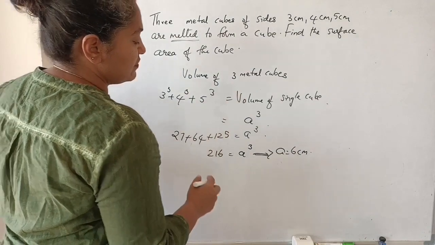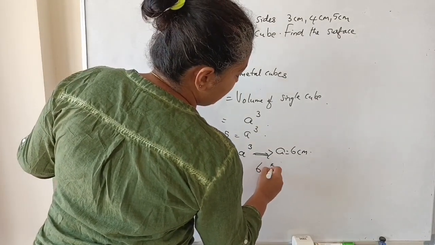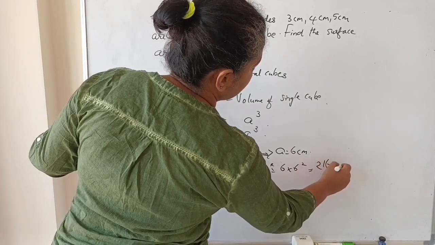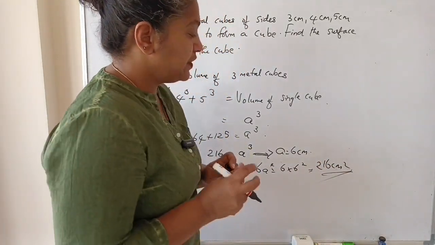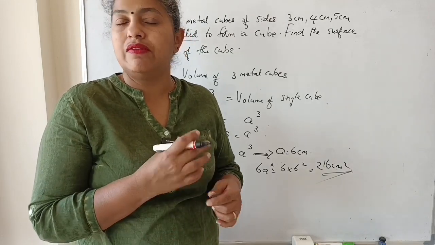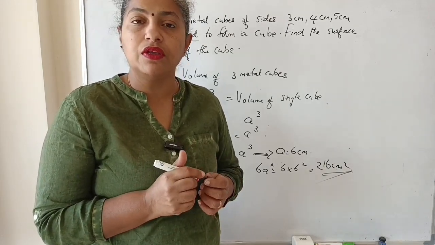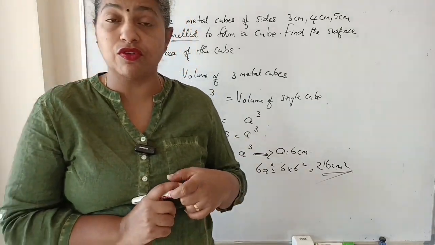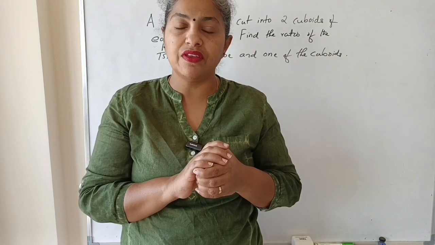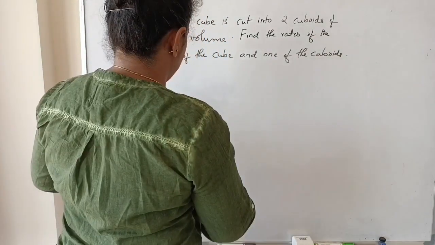We need to find the total surface area, which is given by 6a square, which is 6 into 6 square, which is 216 centimeters square. This is one of the very basic sums in this particular concept. We will do a couple more sums in order to get this idea very clear for you. Before I move on to the next sum, just have a look at this.